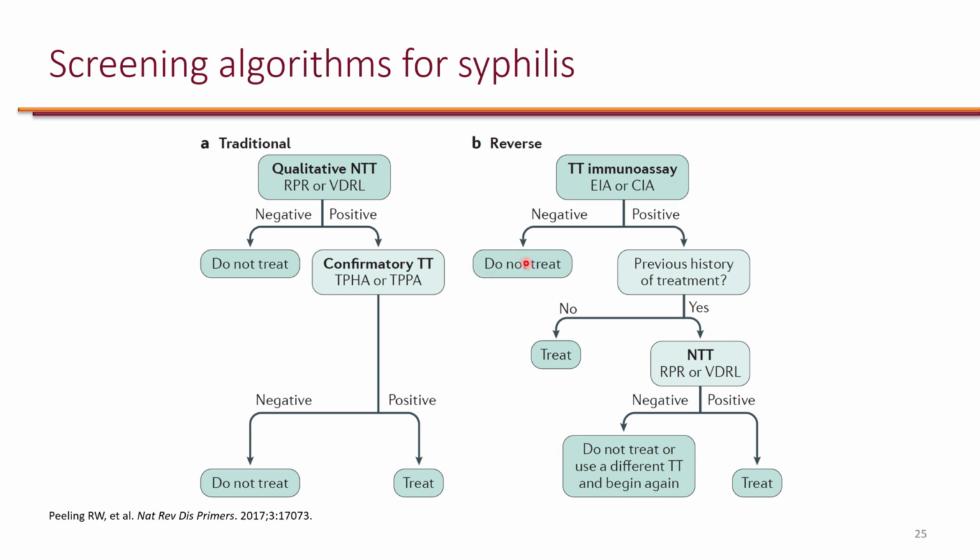Whereas if it's positive, then you get confirmation with your non-treponemal test and then you treat. So both of these algorithms are out there, and they have strengths and limitations, and that's because these tests are not perfect.